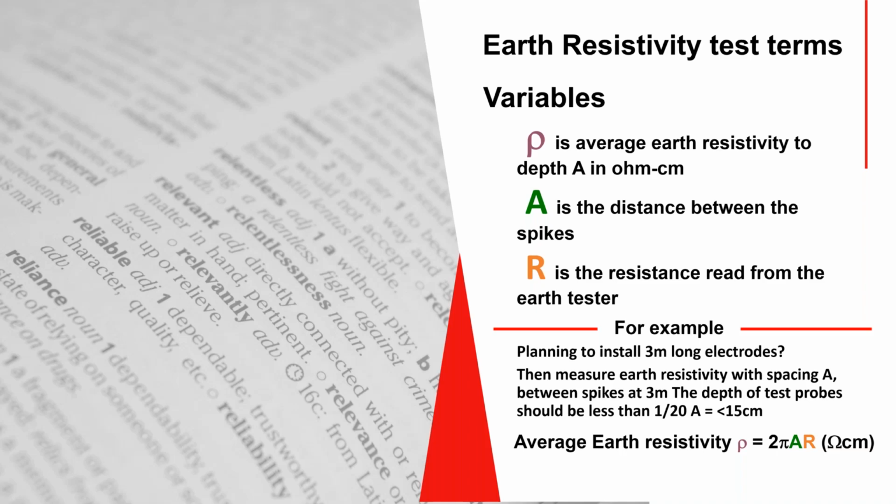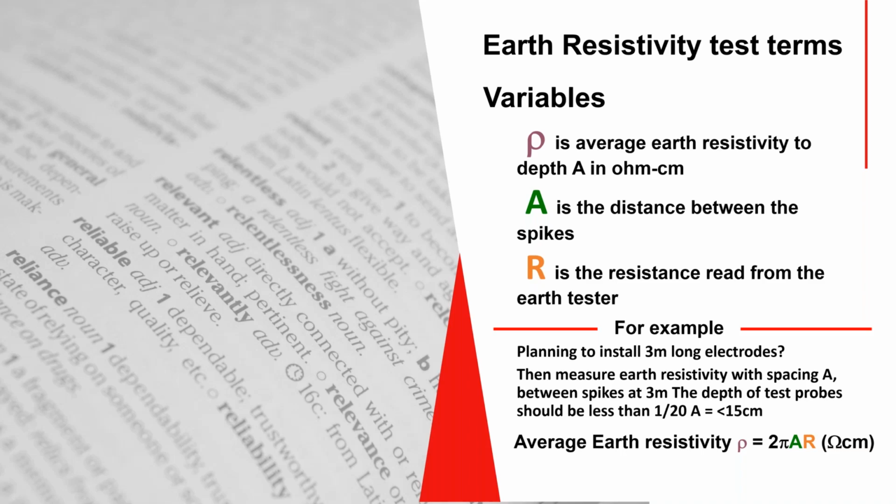So in practical field testing, apparently you can just push your probes in and get a measurement. But if you're trying to be perfect, then adherence to the Wenner method does say that you push your probes in 1/20th of A.